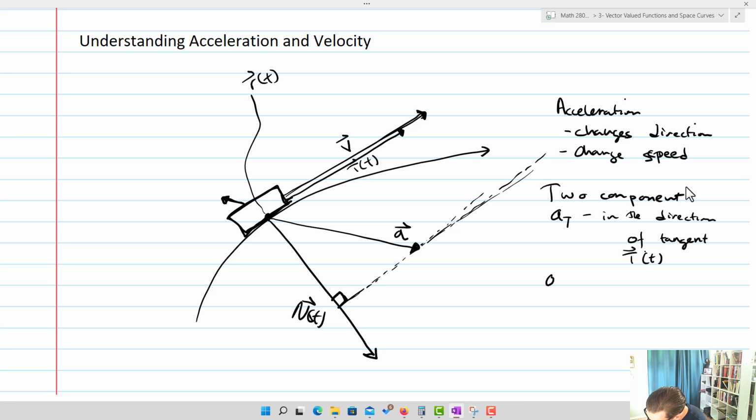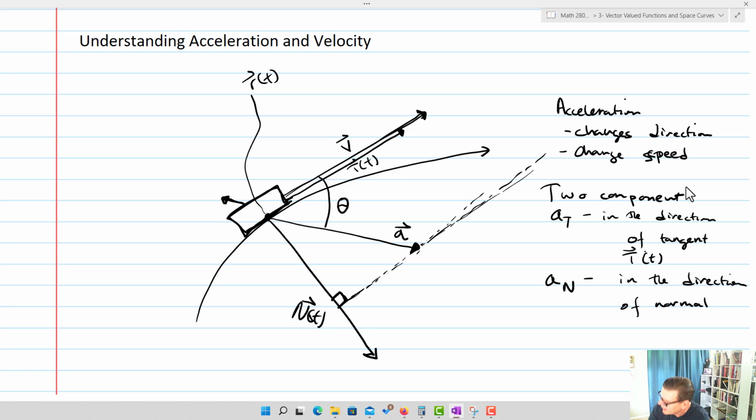And then we have a component a sub N, which is in the direction of the normal vector. And you can envision that we've got our acceleration vector, which is theta away from the velocity vector. So that's theta right there.